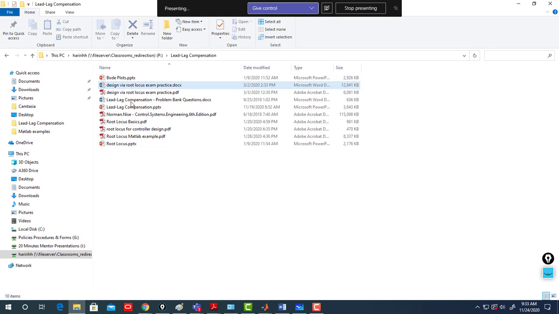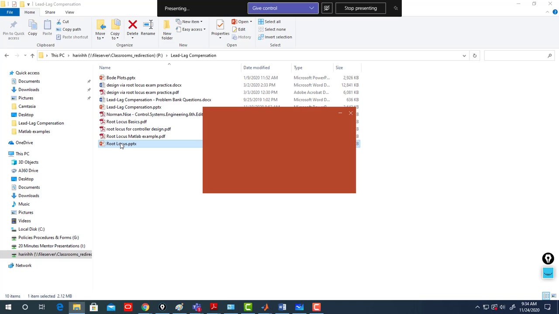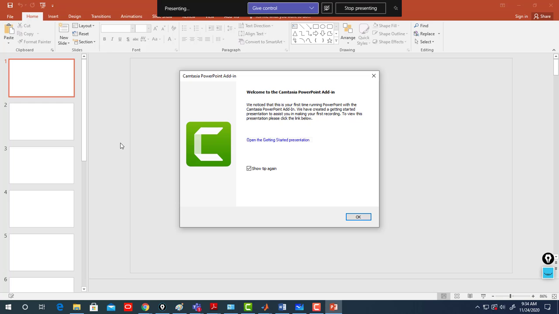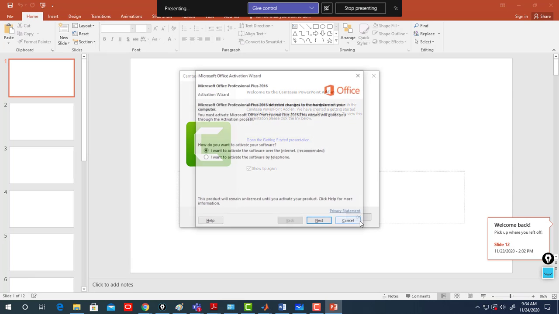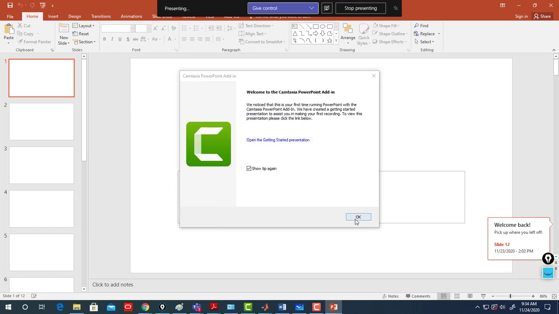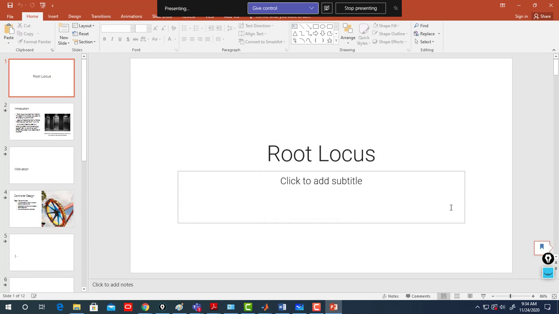Today, we'll start talking about root locus, Bode plot, and lead-lag compensation. We'll start with a very basic introduction. This is an introduction; we'll go and revisit all of them later on in more detail. So if there is something you didn't understand, try to stop me and I'll explain to you.